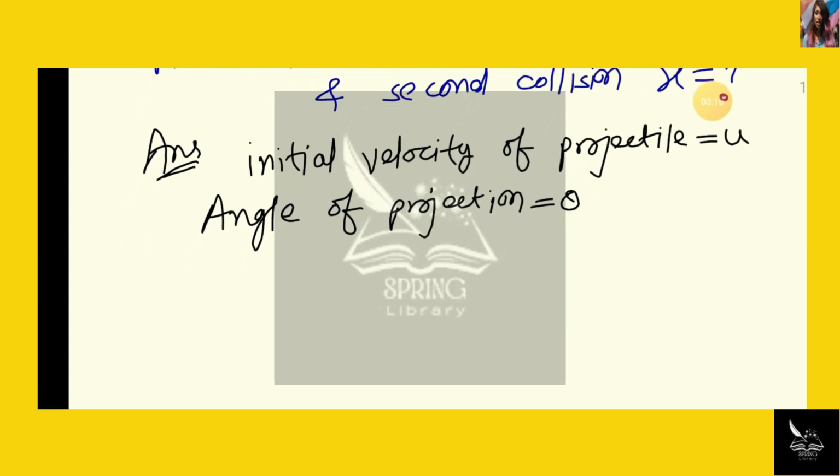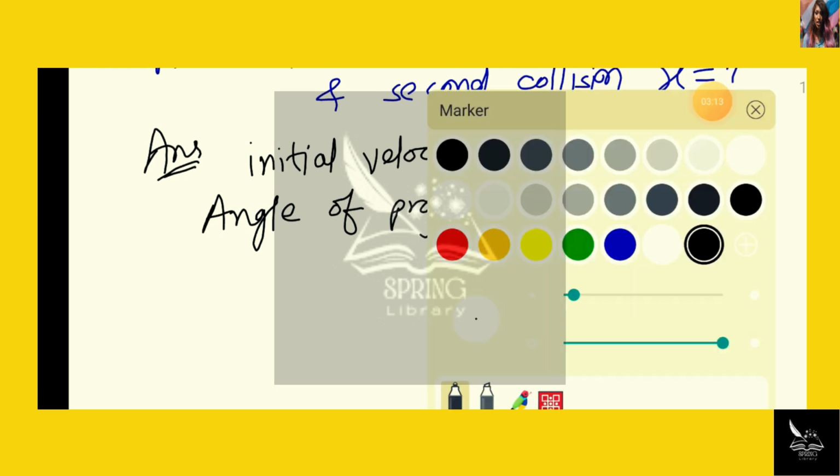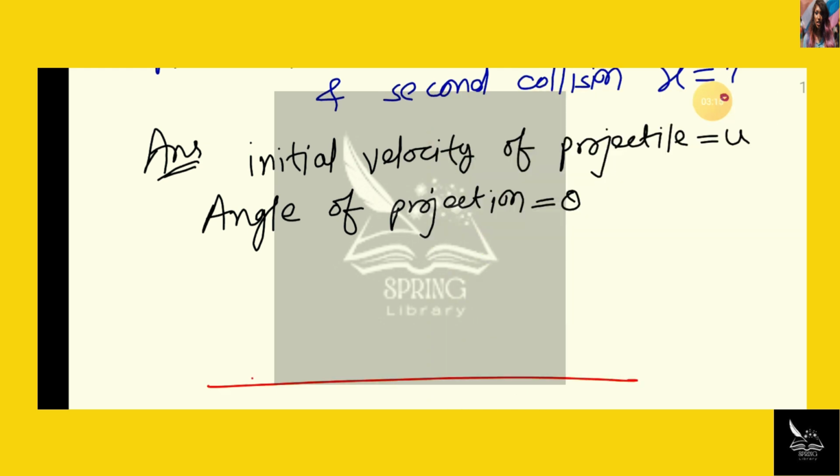This projectile is going to hit the first time, so I draw the figure again. The projectile hits the ground the first time with speed u.